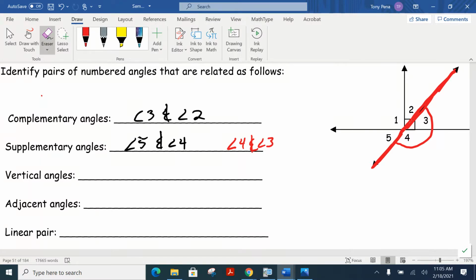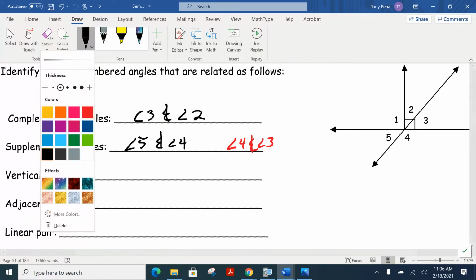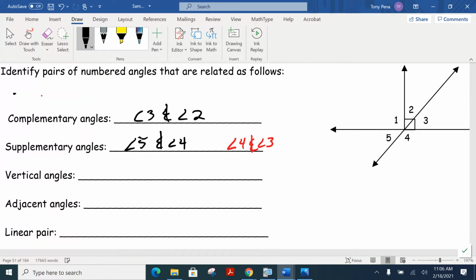All right, vertical angles. Go do this one. This is the one that I see the most mistakes with when we eventually start doing problems regarding this, thinking that things are vertical angles when they're not. So identify what you think are vertical angles in this problem.